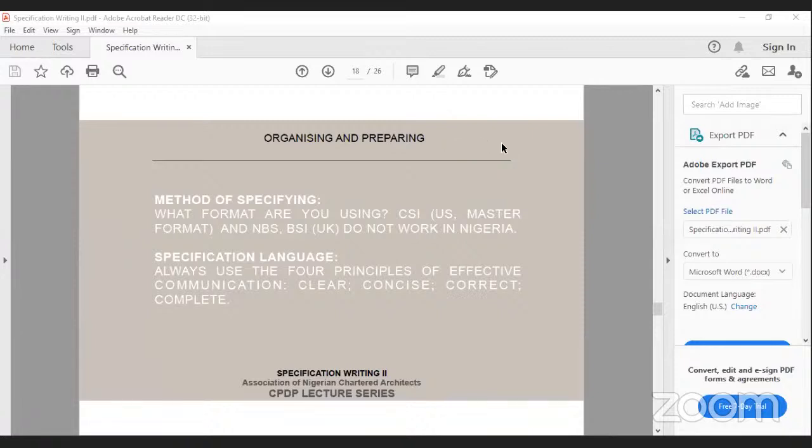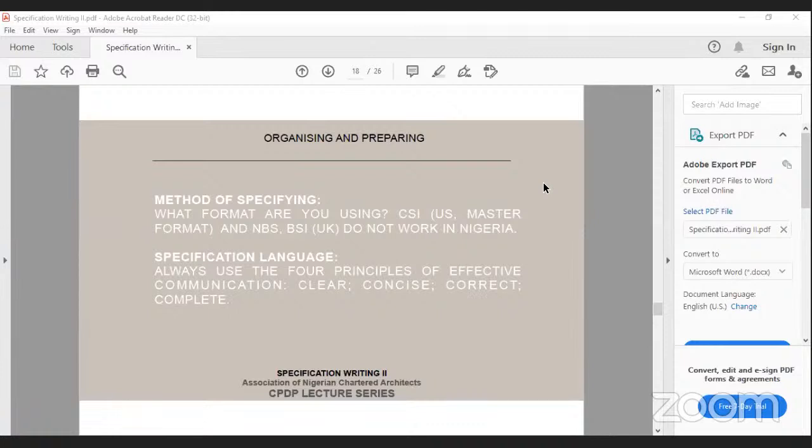Then your language, your specification language. Competent specification writing requires that you use correct vocabulary and grammar. Now, I lifted it from one of the writing references over the years past. I can't even remember the acronym they gave to it, but it's for effective communication.